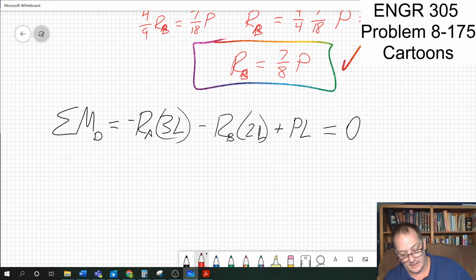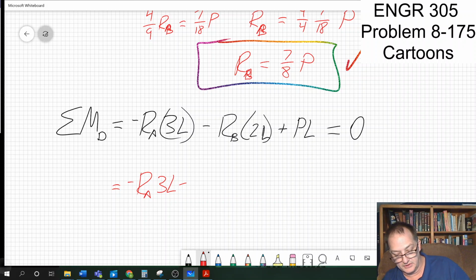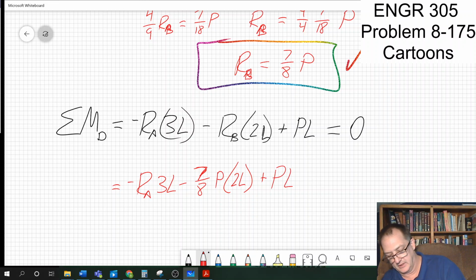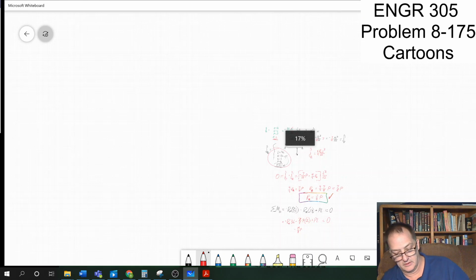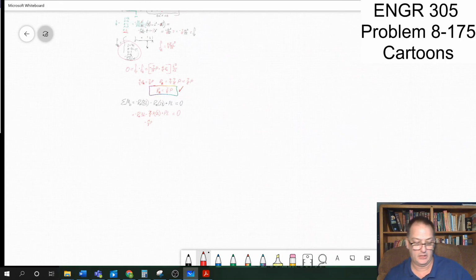Okay, so RB is 7/8 P, so this is equal to minus RA times 3L minus RB, which is 7/8 P, times 2L, plus PL is equal to 0. This is a negative 14/8 P. Oh my goodness.